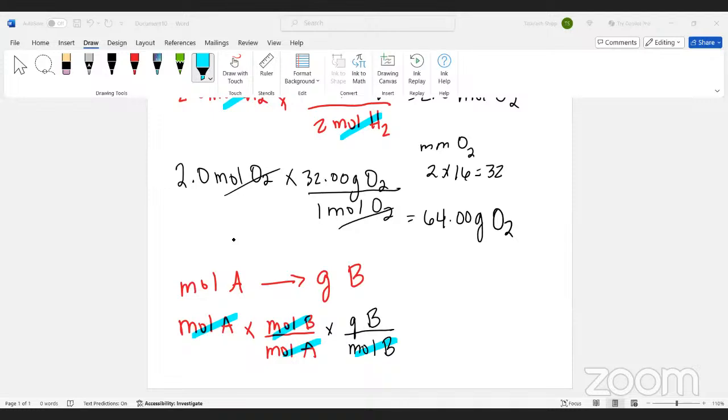So we took the 2.0 moles of iron and we converted it to the moles of iron 3 oxide. And we got 1.0 moles of iron 3 oxide. Then we took the 6.0 moles of oxygen and converted it to the moles of iron 3 oxide. And we got 4. So the one that gave us the smallest yield of iron 3 oxide was the one that was for iron. So that element is the one that's considered to be your limiting reactant.